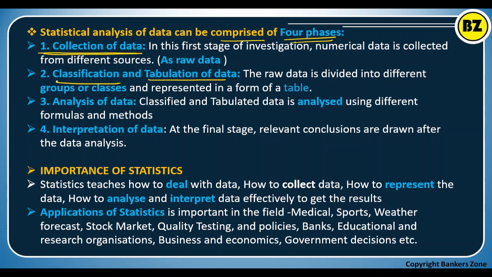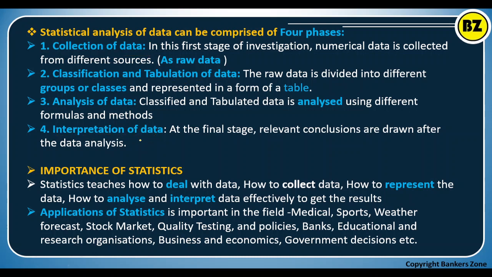Third, we have to analyze that data, and fourth, obviously, we have to interpret some conclusion from that data. So the four phases are: collection of the data, classification and tabulation, analysis of the data, and interpretation of the data.